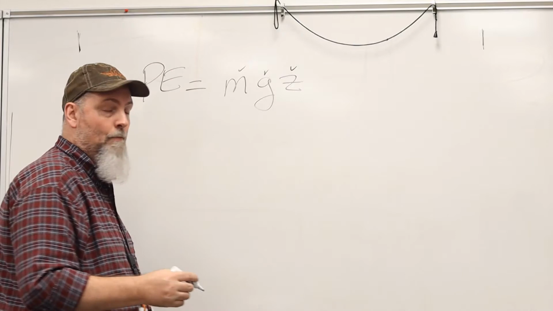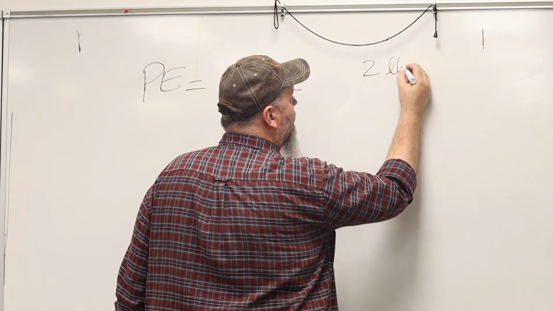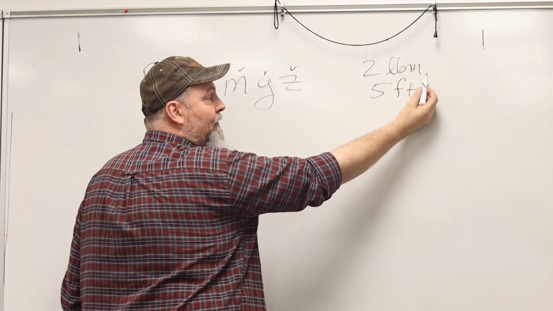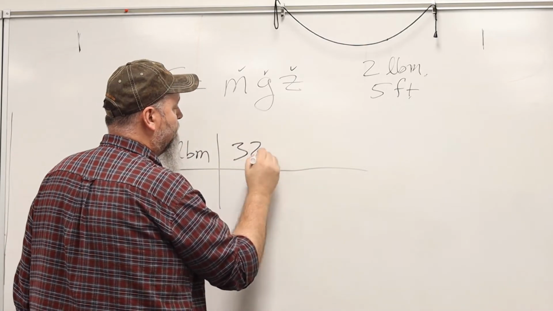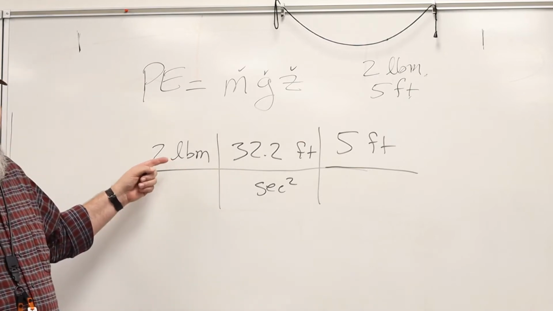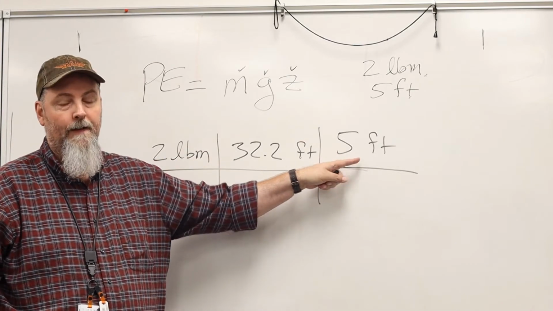So let's set up a ladder problem. Two-pound mass dumbbell, 32.2 feet per second squared, 5 feet.